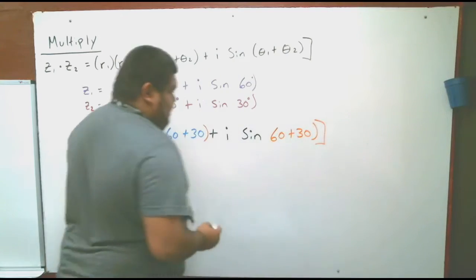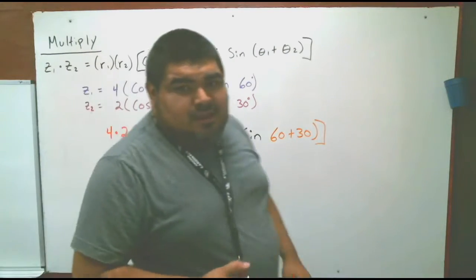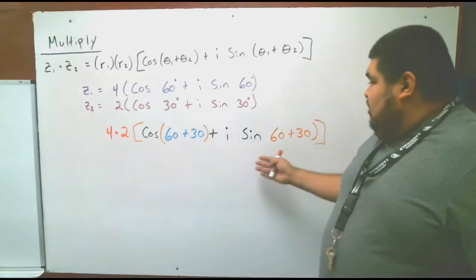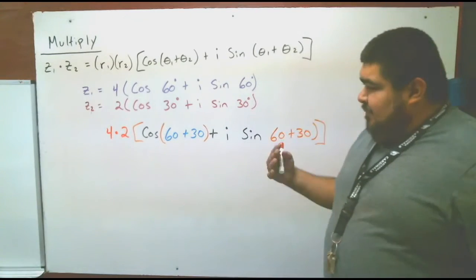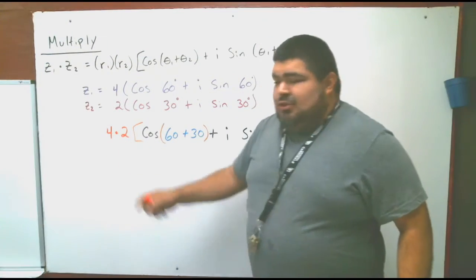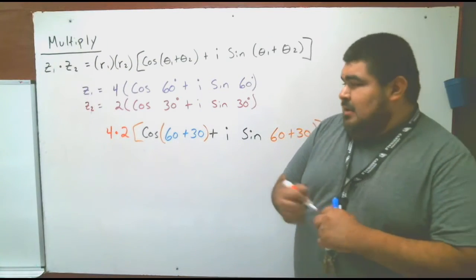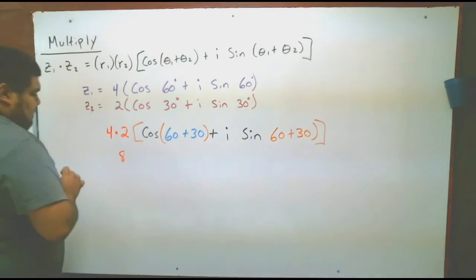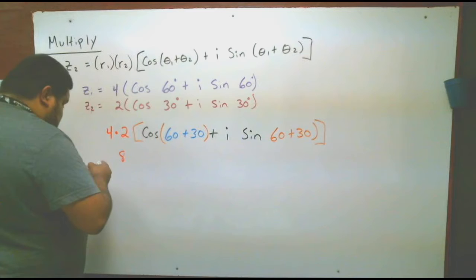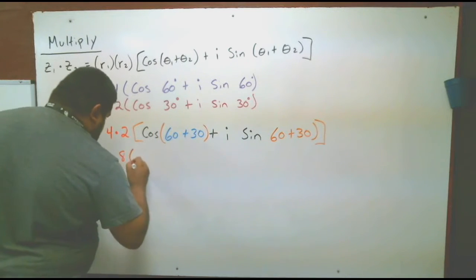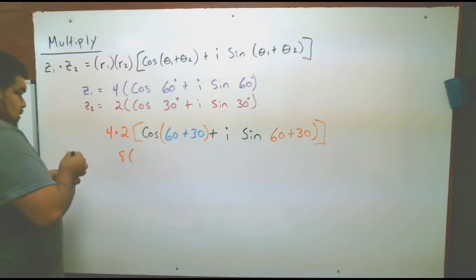Now our problem looks more like this. It's no longer these two; now it's just one big problem. All we have to do is combine them. 4 times 2 is 8. Then we have our parentheses, cosine.